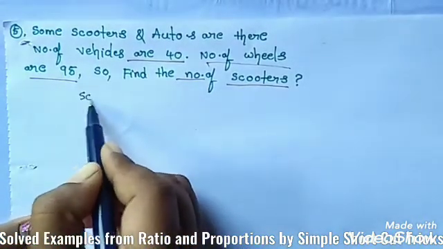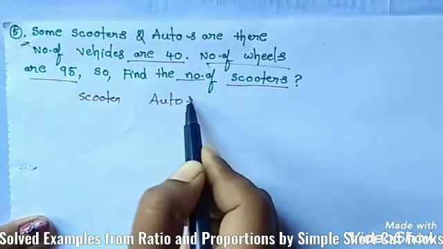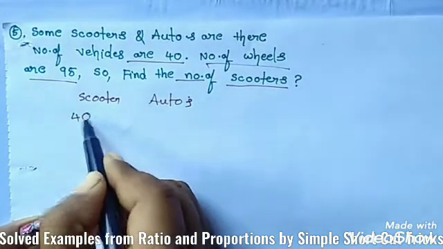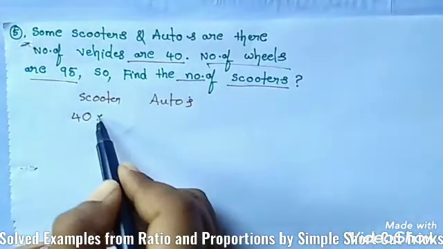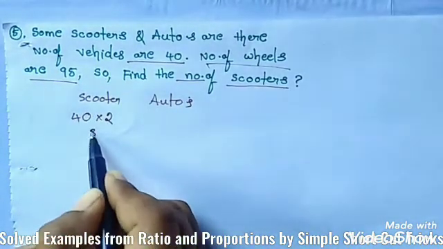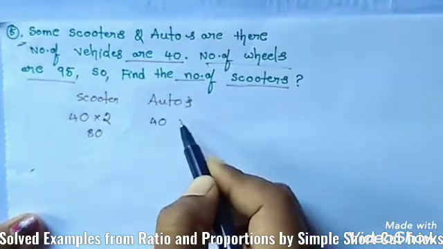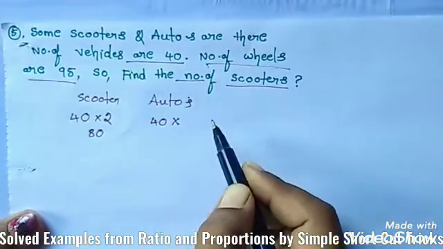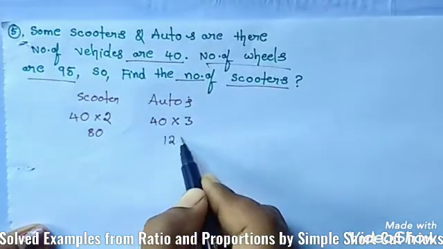Now let us write simply scooters and autos here. Here 40 they have given as the total number. If you count the wheels of them, a scooter has 2 wheels, so 40 into 2, that is 80. Now coming to autos, 40 is the total number, and an auto has 3 wheels, that you know, 40 into 3, so 120.